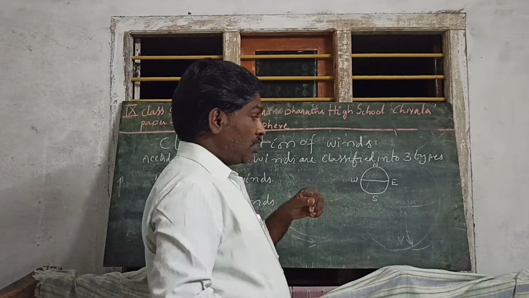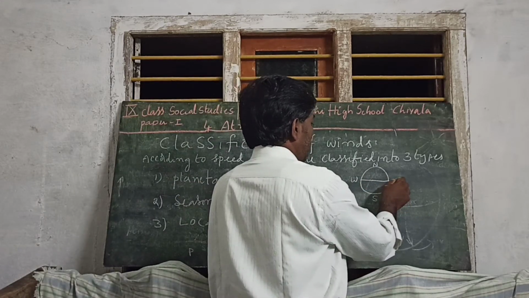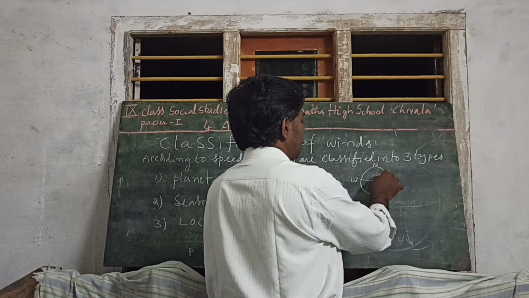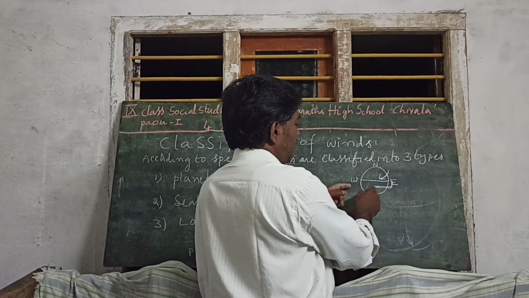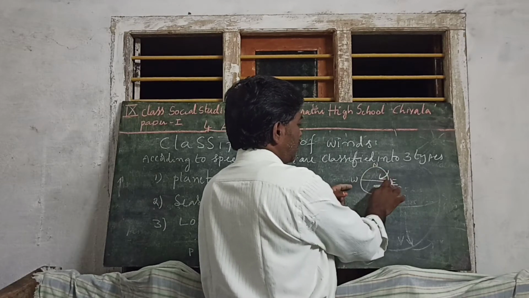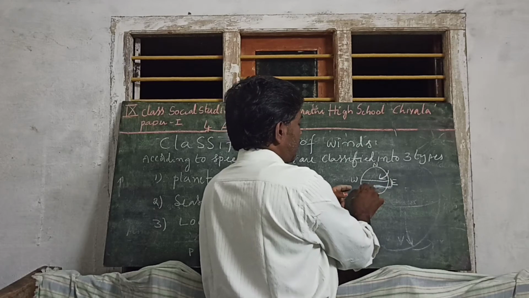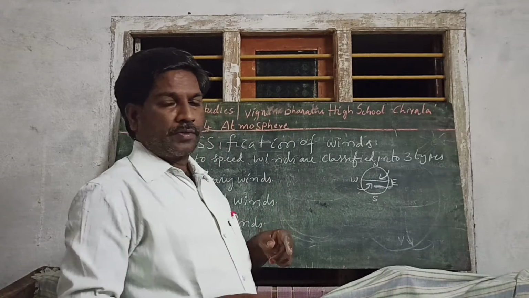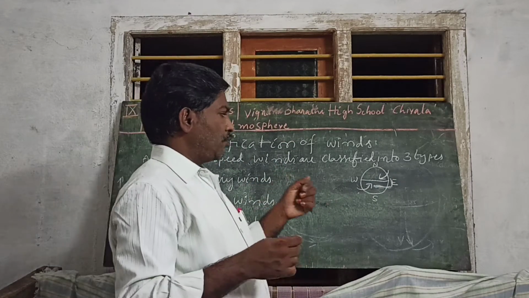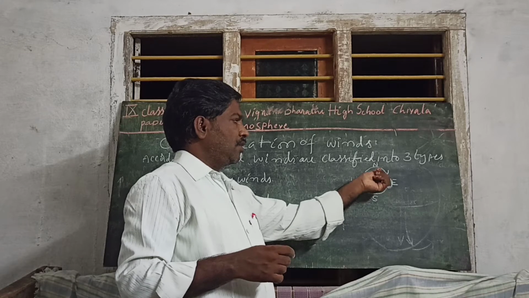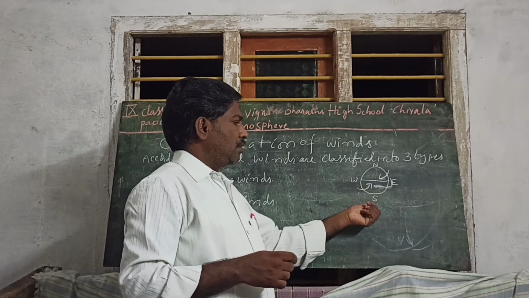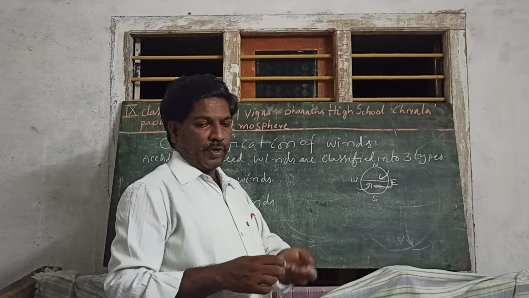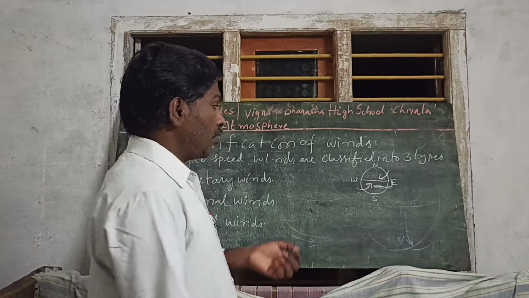Wind is blowing generally east to west, and on this side northeast, and this side coming from west and south. This is called wind direction. Wind is blowing from the northern hemisphere, northeast, and the southern hemisphere, southwest side. This is a common phenomenon. Everybody knows about this.